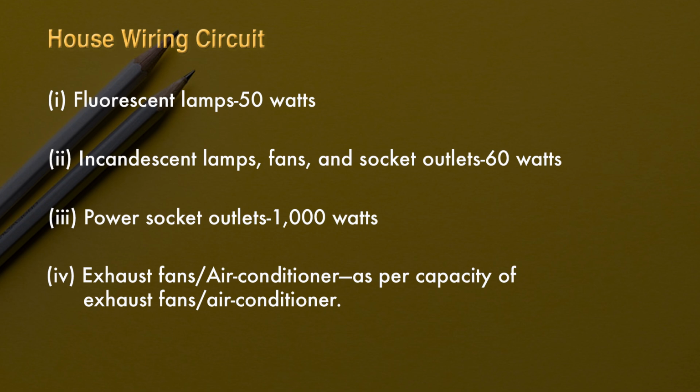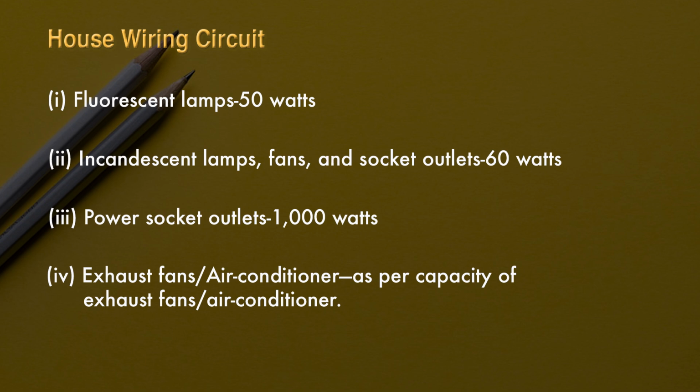For the fluorescent lamp, you can generally assume 50 watt, and incandescent lamps, fans and socket outlets may be of 60 watt, and a power socket outlet is generally taken as 1 kilowatt, or 1000 watt. The exhaust fan and air conditioner are specified as per their capacity.